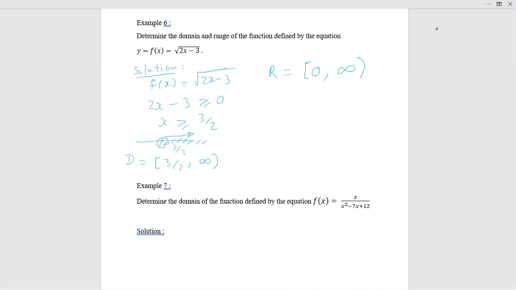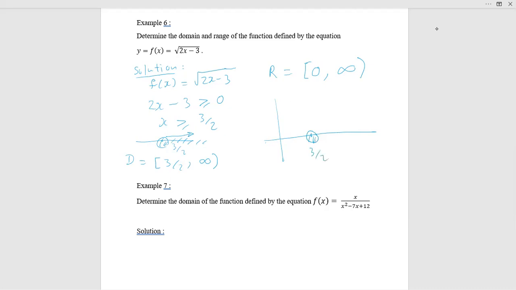I will explain using the graph too. You plot this graph. You may use the calculator or you may use a few points and draw the graph. When x equals 3/2, the y value is 0. This is 3/2.